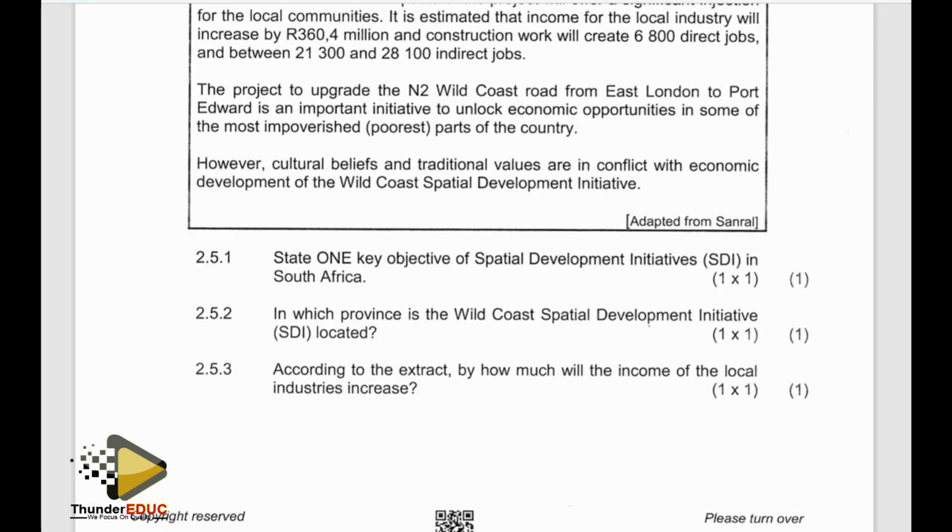Then I think there's another question that we also need to look at. Question 251, which says state one key objective. I think that question we had skipped. One key objective of the SDI, like what I've been mentioning, it targets to promote economic development in specific regions. Its core idea is to create economic development in some areas and also to encourage investment in such areas.